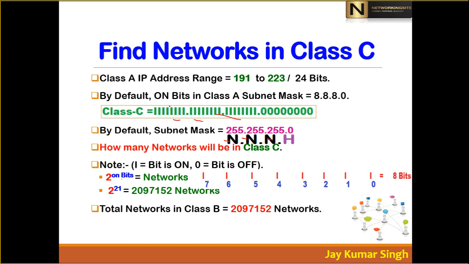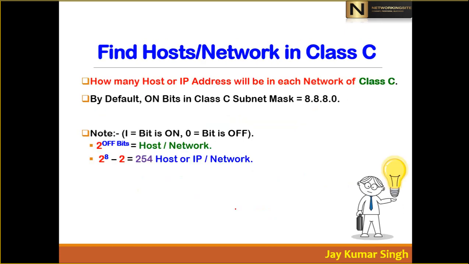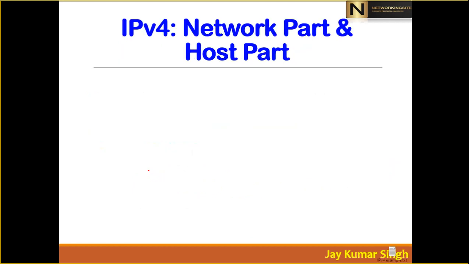So you have to find which one is on bit. 7, 7, 7 is 21, so 2 to the power 21 is the number of networks. And how many hosts, meaning how many IP addresses in one network? You can say there will be 254 IPs in a single network.